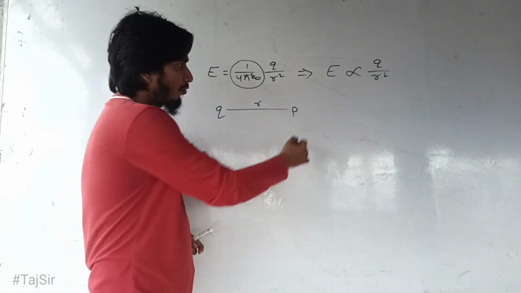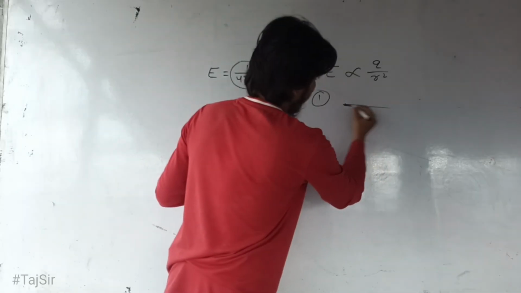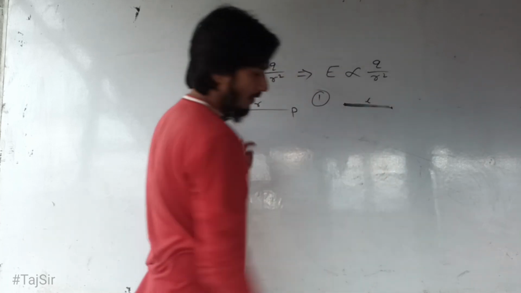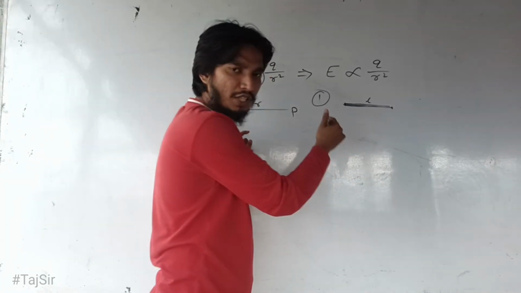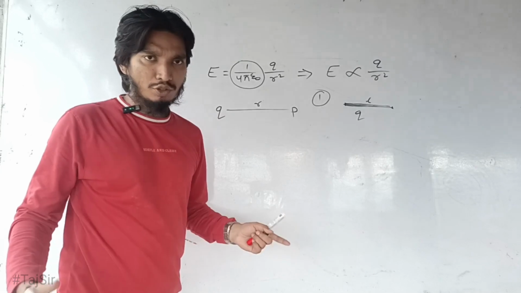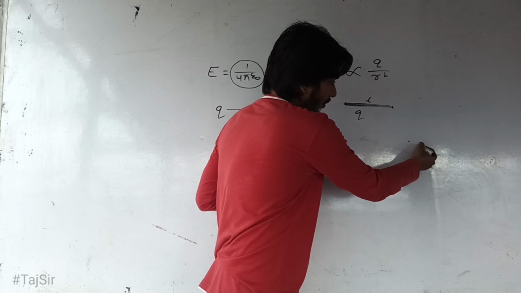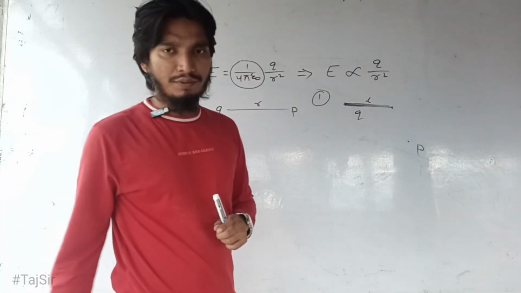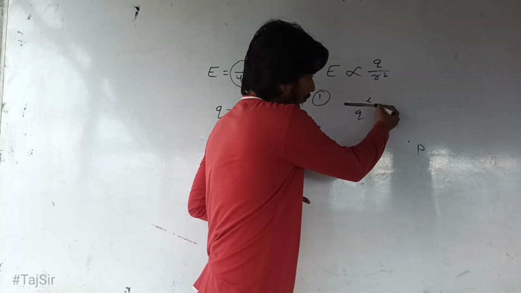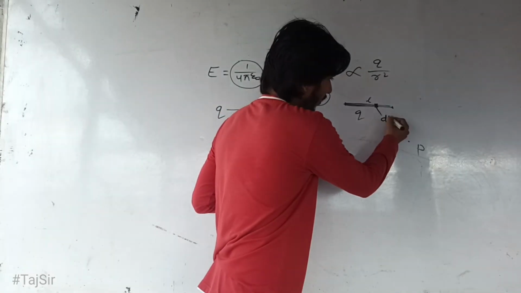Now focus on a linear charge density. This is a linear charge density. It has a length L and a charge uniformly distributed on this length L. So if we want to calculate the electric field at a point P, we need to take a small width of this length, call it dl.